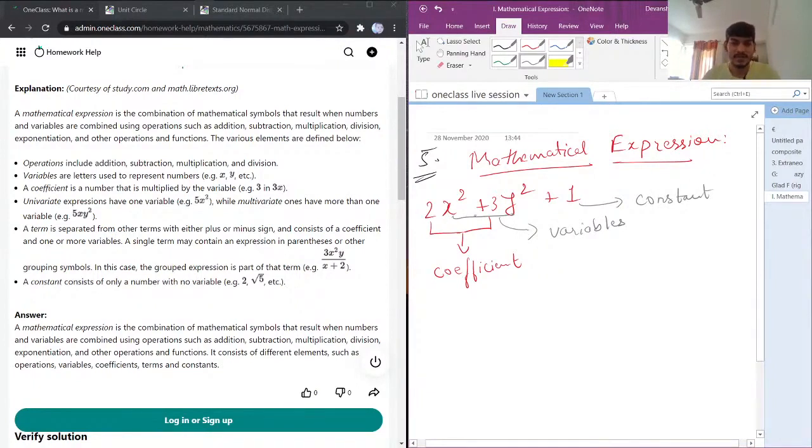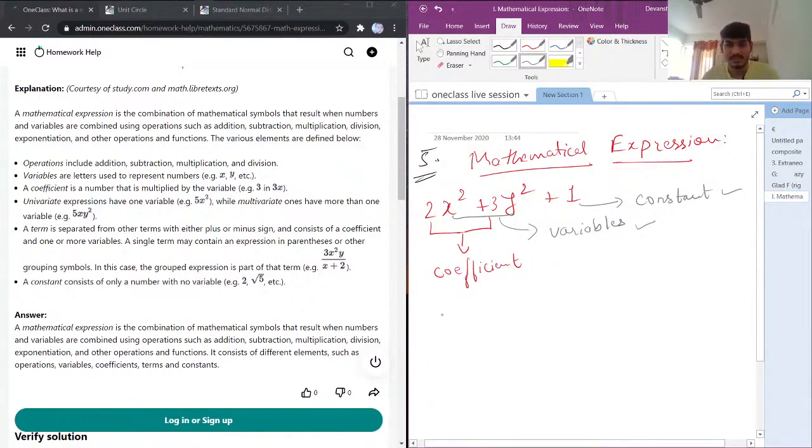So a mathematical expression is a combination of mathematical symbols. It is a combination of variables; we have the variables, we have a constant term, then we have coefficients of variables. Remember that whatever number is multiplied with the variable, or whatever number is written just next to the variable, that number is called the coefficient of that variable.